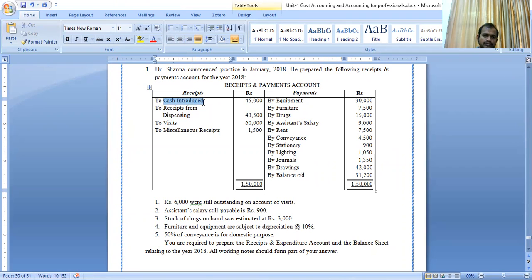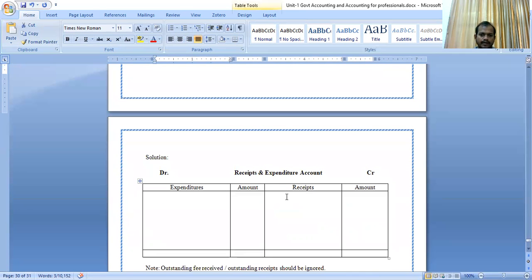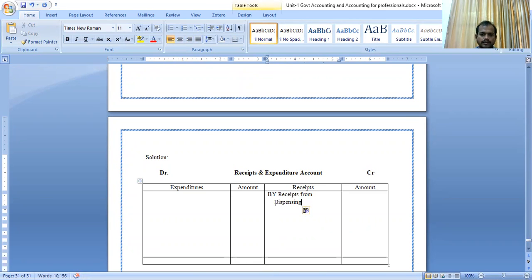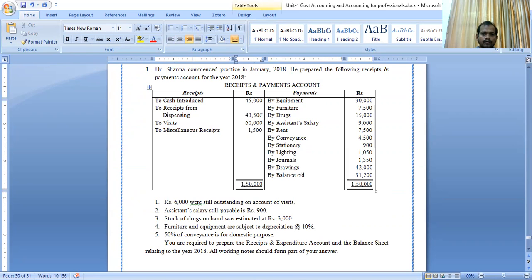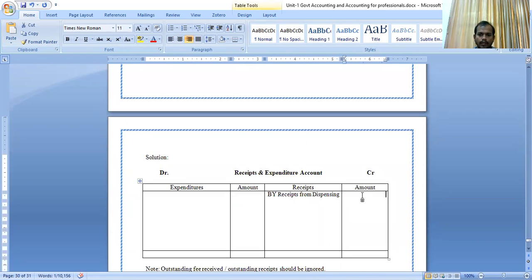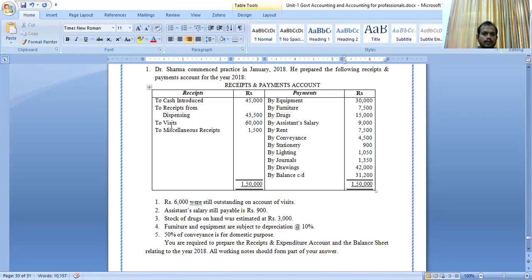So cash introduced 45,000, and receipts from dispensing 43,500. Next, by visits 60,000.